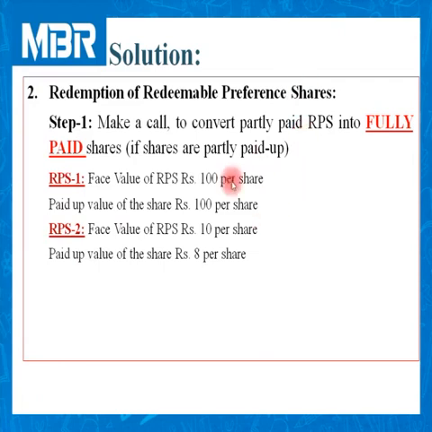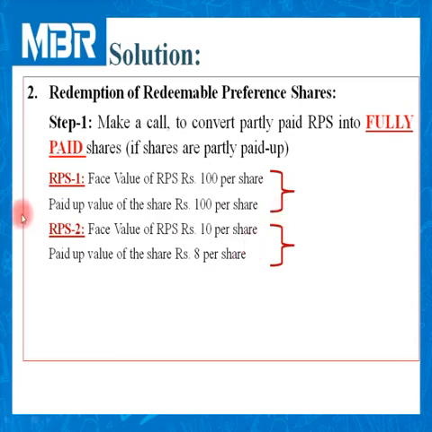So, when you compare this information, you can easily say that RPS 1 is fully paid up and RPS 2, where face value is 10 and paid up value is 8, RPS 2 are partly paid up.